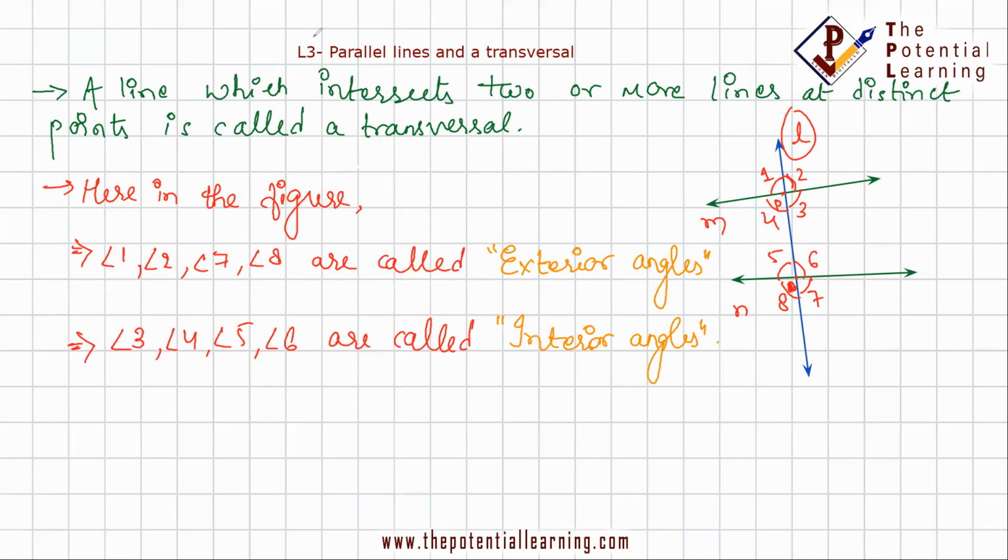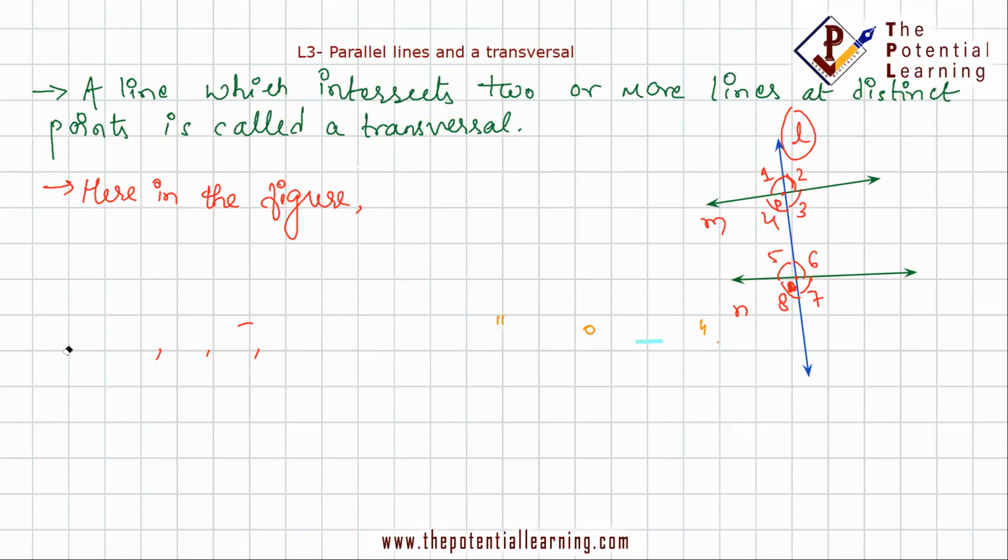राइट, ऑल्सो फॉर दिस फिगर we can also see the relation between the angles. जैसा कि हमने पढ़ा है about the angles, adjacent angles पढ़ा है हमने, है ना, vertically opposite angles पढ़ा है. तो उसी तरह से हम यहाँ पे भी देखेंगे कि क्या angles relation show कर रहे हैं. Okay, so the first is corresponding angles.